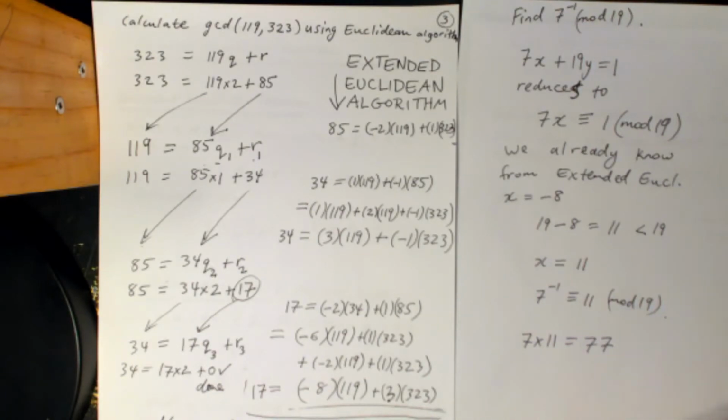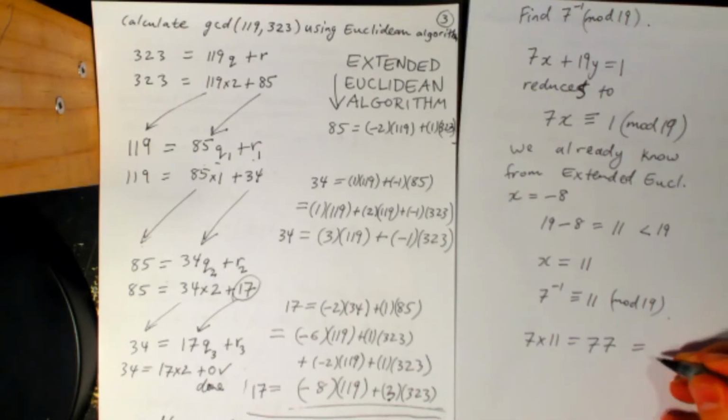So 77 minus 19 is 58. 58 minus 19 is 39. Okay, if we take out another 19, we get 20. And if we take out another 19, we get 1.